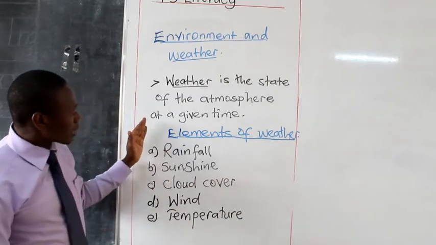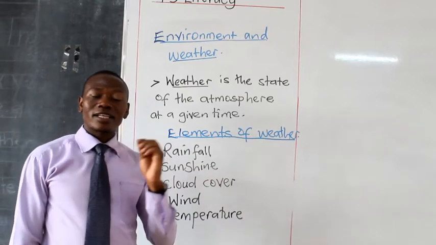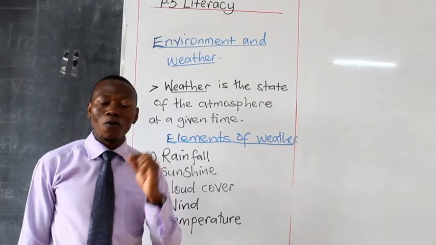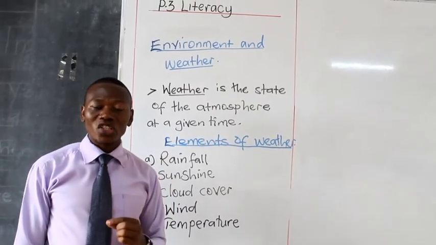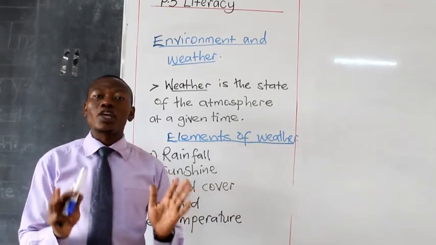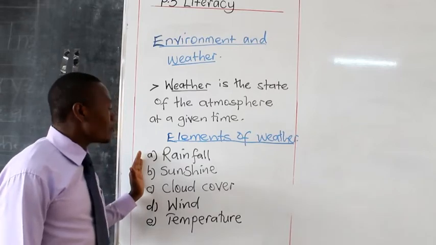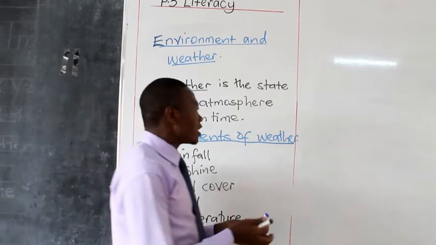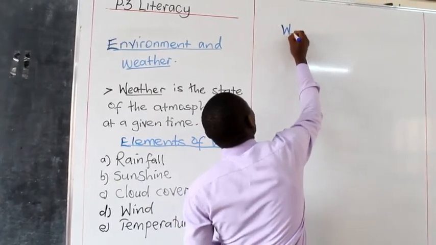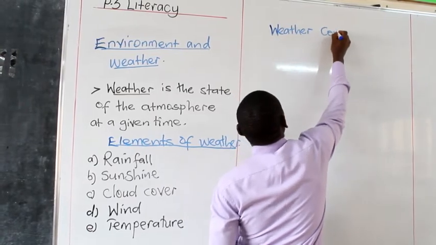So now, these elements of weather are the ones which bring the types of weather, which we term as conditions of weather, or weather conditions. They are the ones which make the day look the way it is. So these elements here, like you said, cause what we term as weather conditions.